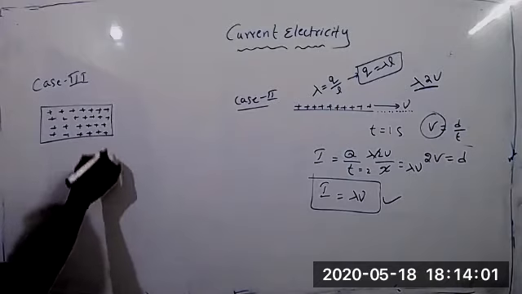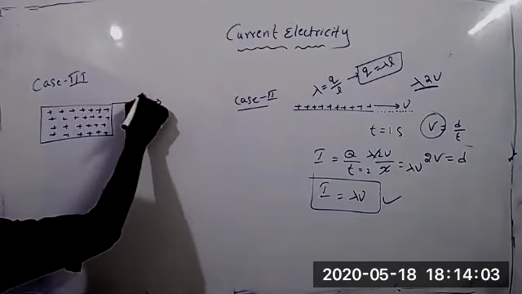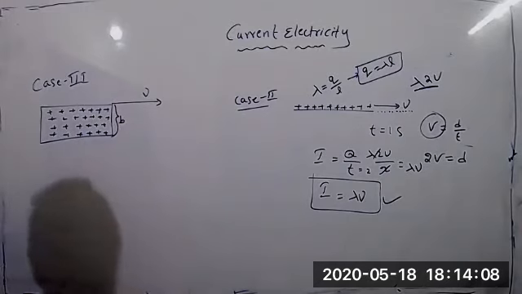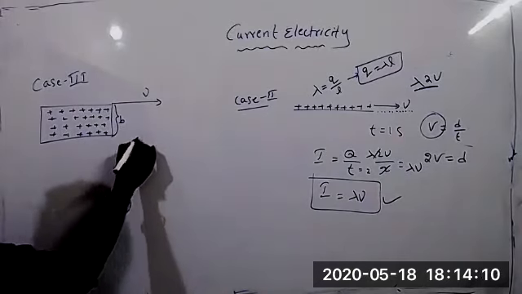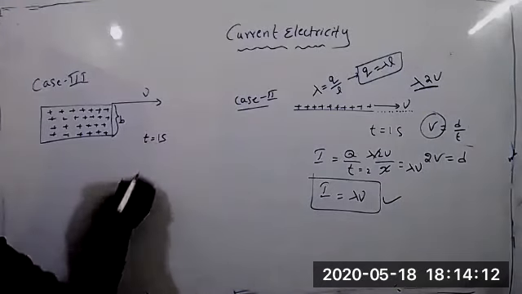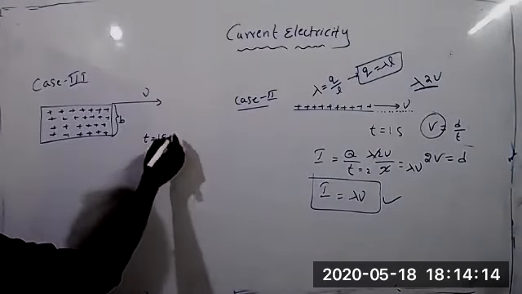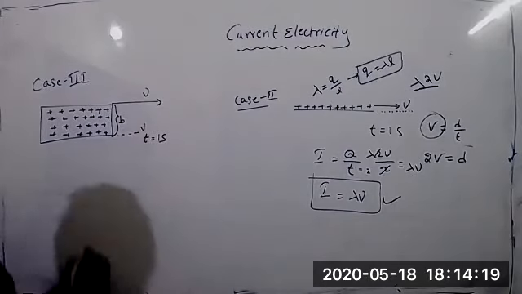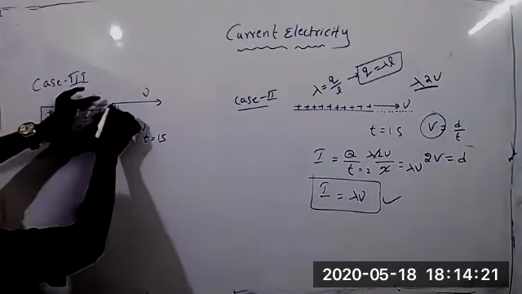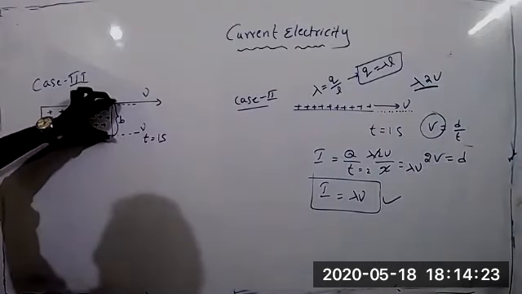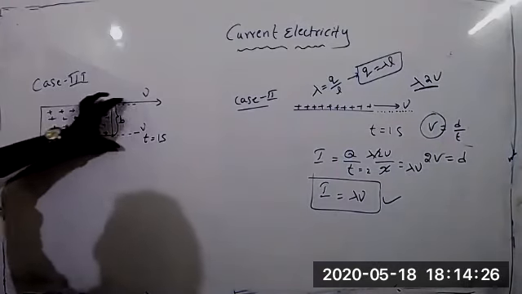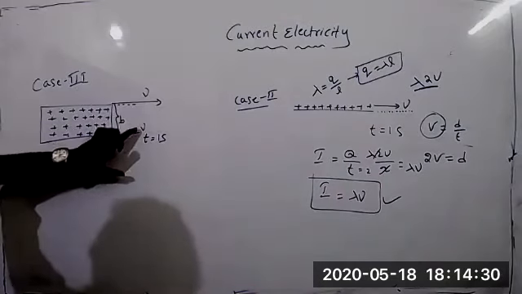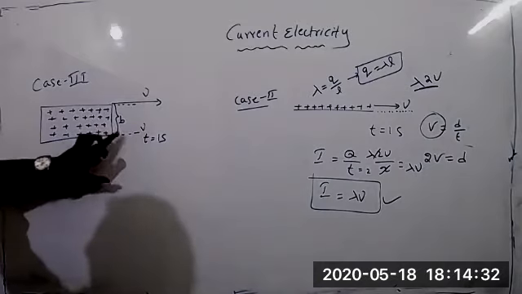Now charges are moving with velocity V. At t equal to 1 second, how much distance will these charges travel? When it is moving perpendicularly like this, in t equal to 1 second, it can travel V distance. Right?